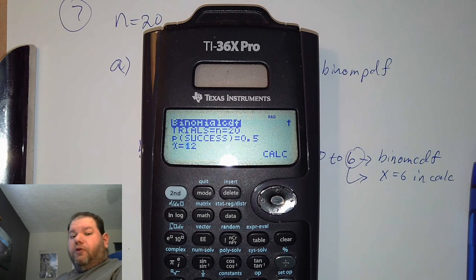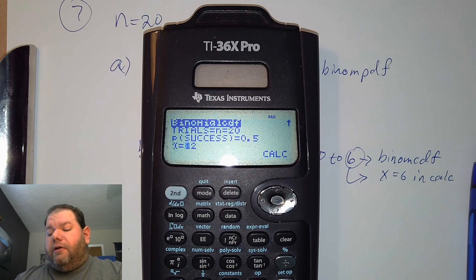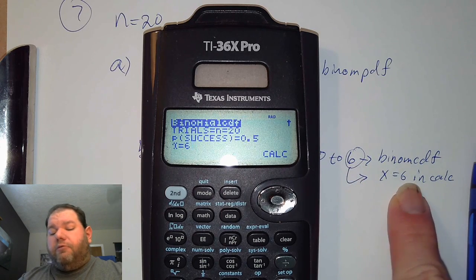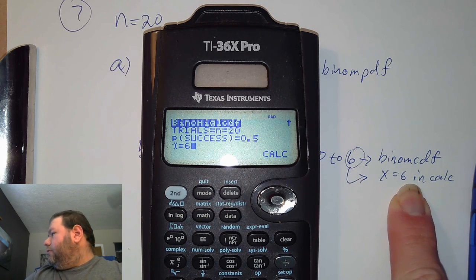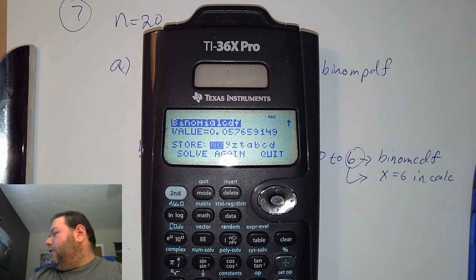Okay, so going back to what we said. Because we're looking at a range of values from 0 to 6, that means for binomial CDF, we'll actually just enter 6 here for our x. Just whatever this top number is, that's what we put into the calculator. So we enter and calculate.